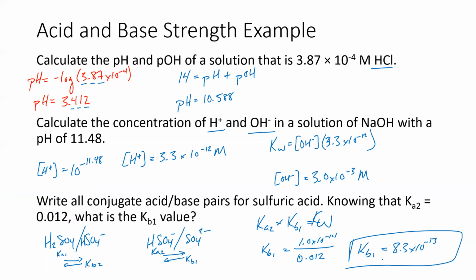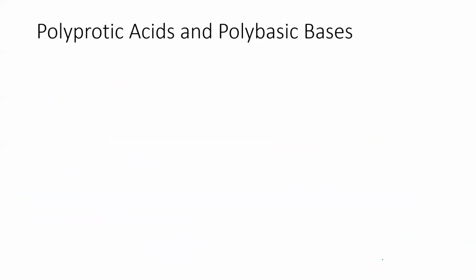Okay, so since we have a little introduction there to polyprotics, let's talk a little bit more about those. Polyprotic acids, some places you'll find they say polyprotic bases. Not all bases have protons, and so it gets a little funny, but polyprotic bases is fine with me. Polyprotic, polybasic doesn't matter a whole lot.